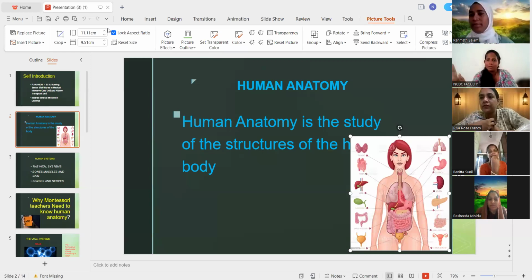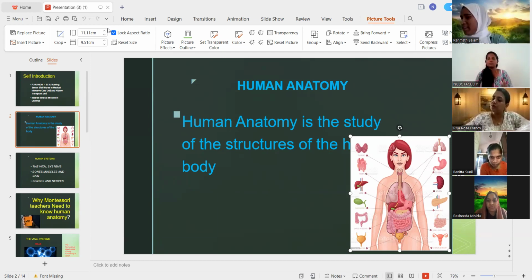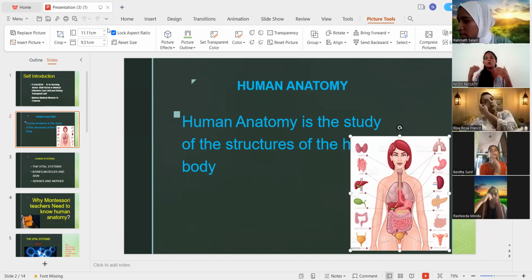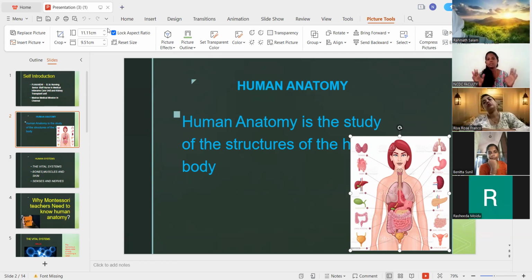Anatomy: tomy means opening, and ana means from head to foot. We are just opening our body and seeing what is inside, and we study the structures alone, not the physiology. Structures means how the heart is, how the lungs are, how the kidney is, how the brain is. So we are just going to know about the structures. This is human anatomy: the study of the structures of the human body.